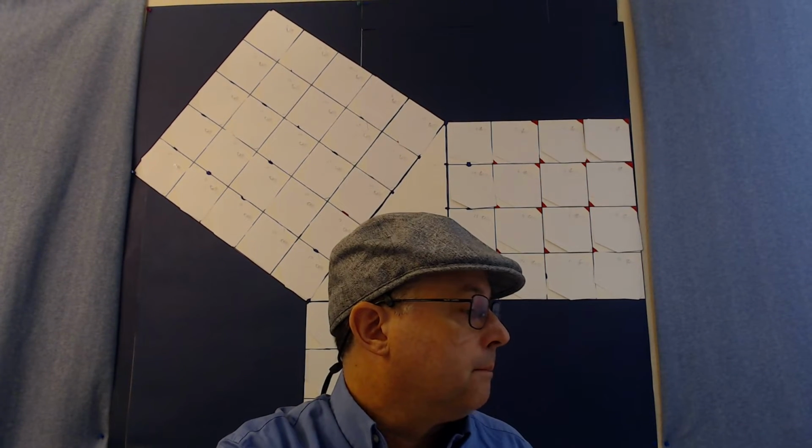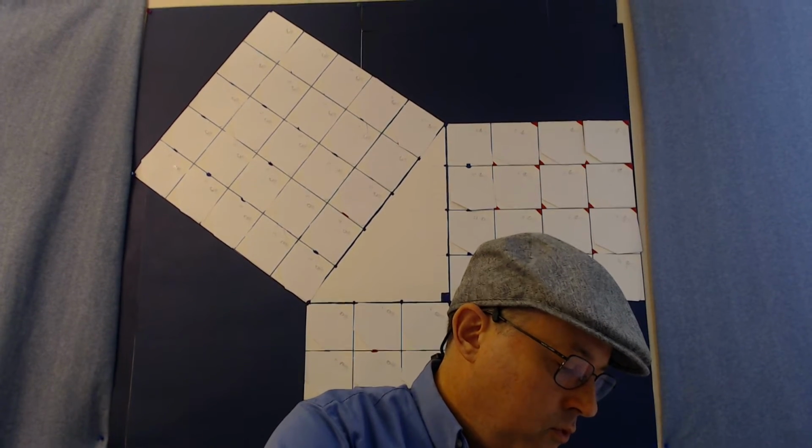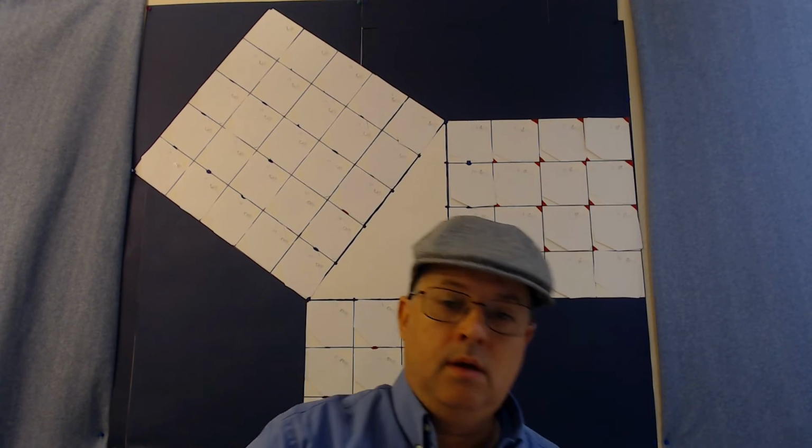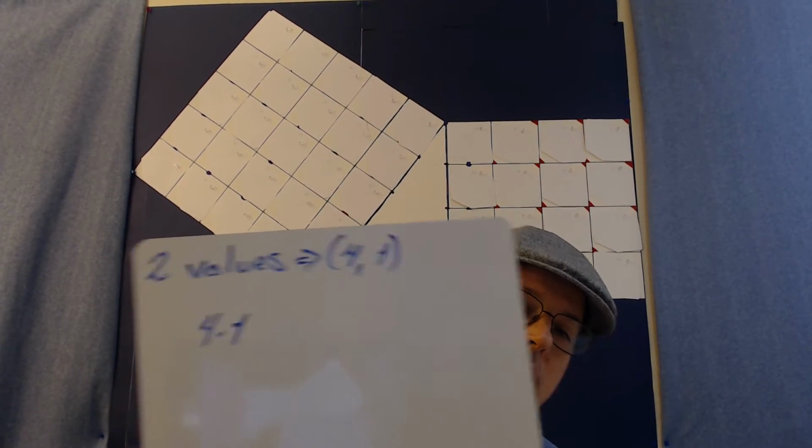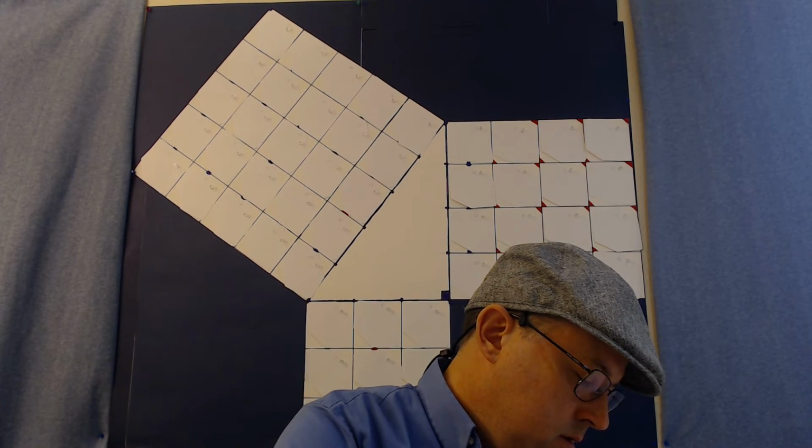And then let's manipulate those numbers in such a way that we will arrive at a Pythagorean triple. And so let's multiply those numbers together, 4 times 1, and then double that product. So that's 2 times 4 times 1, that's 8.